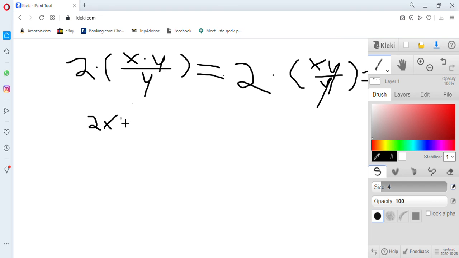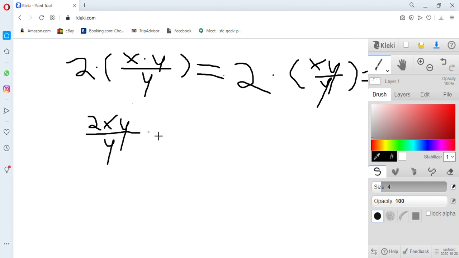You're combining them together because it's letters, x and y, and you have a number. It's the same as when there's a letter and another letter multiplying by each other. You combine them together.